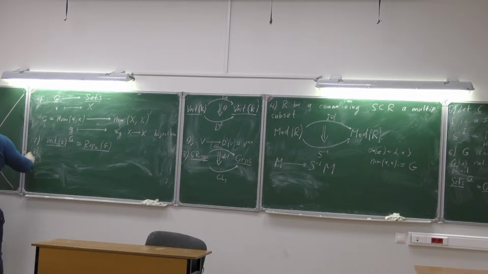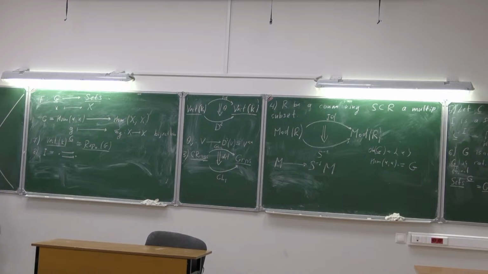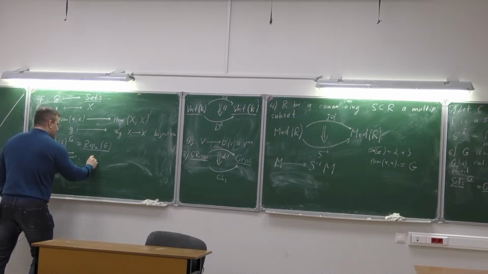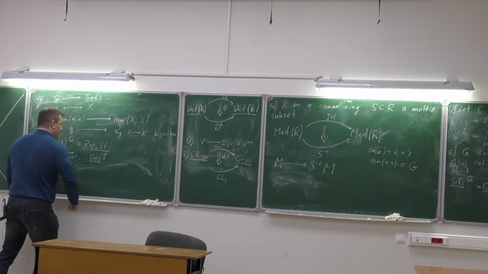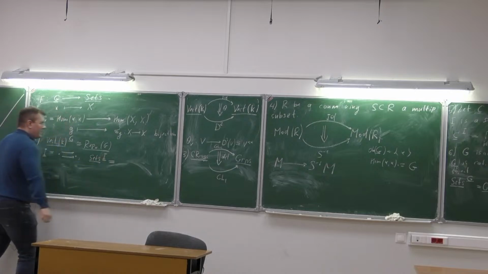Probably the last example that I want to show is the following. It's like example 5, but I want to take a little bit more interesting category. Let's take the category I to be, by definition, the category with two objects and two parallel arrows. So this is the category I. The question is, if I take sets to the I, since this is a category I'm supposed to underline this, but for the I usually we don't do this.